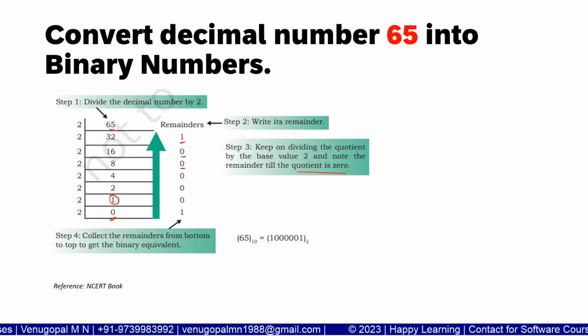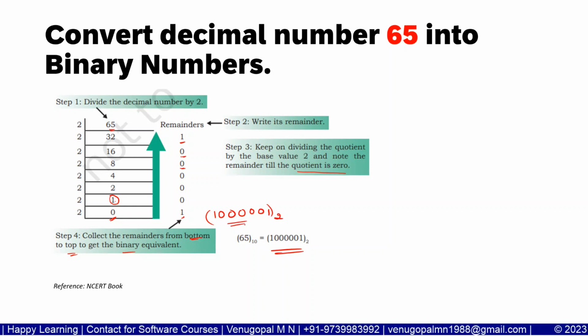So the quotient is 0, remainder I noted down as 1. Now collect all the remainders from the bottom to top and get the binary equivalent. So I have to write this as 1 0 0 1 0 0, 3 more zeros followed by 1. This is the equivalent binary number.